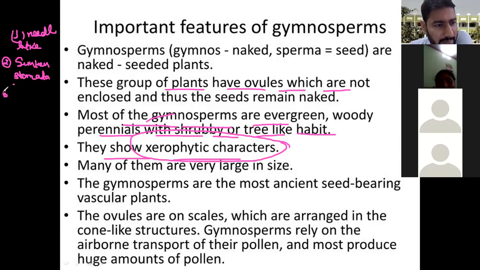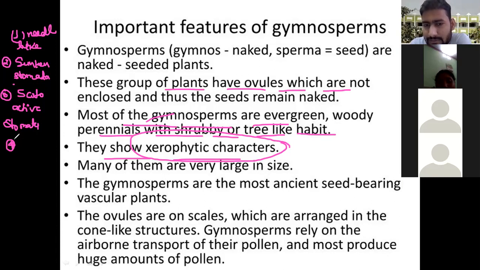Point number 3. Scotoactive stomata. Do you know about scotoactive stomata? Anyone?